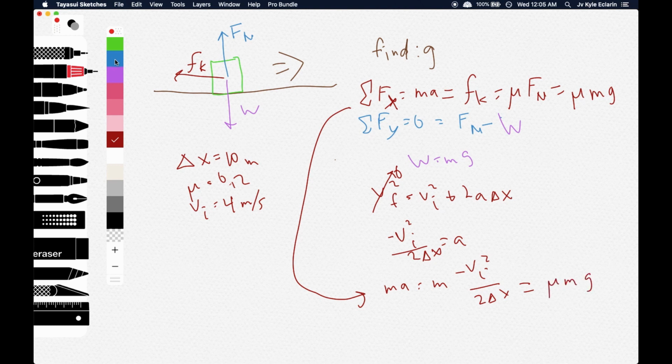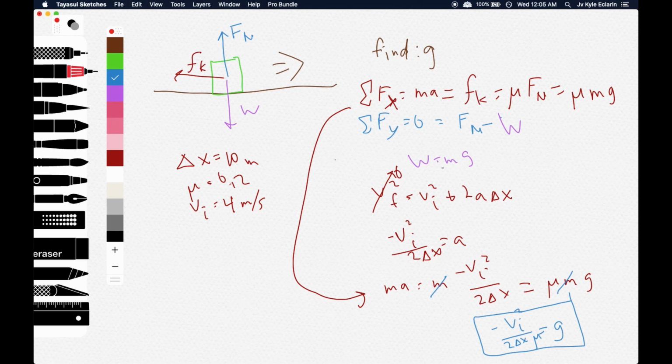So the nice thing about this is that the masses cancel, and if we're just looking for g, it is then equal to negative vi squared over 2 delta x mu. So we're going to keep that because now we're going to solve this using energy. So this is solving it using kinematics.